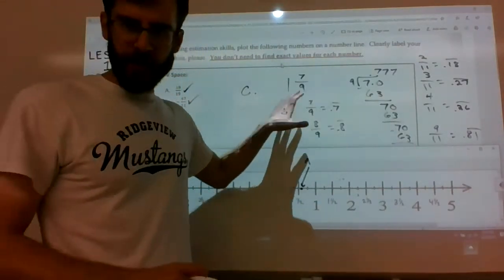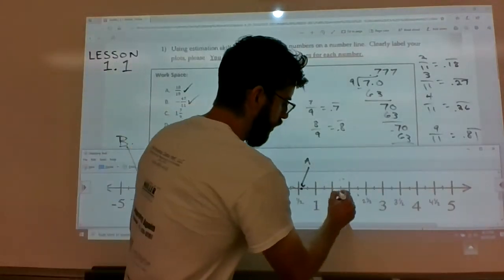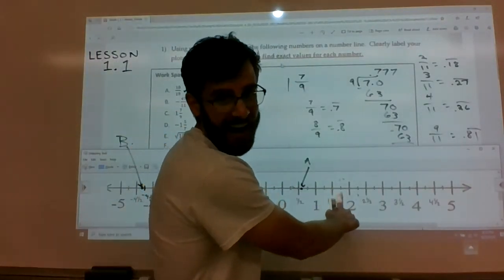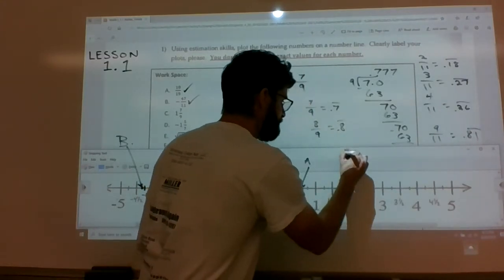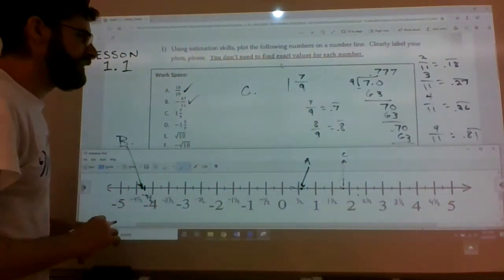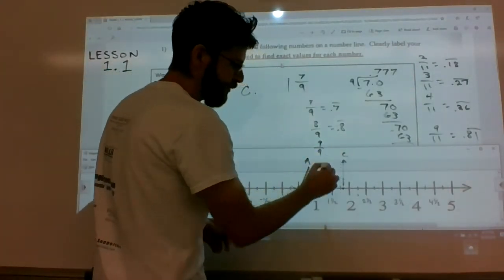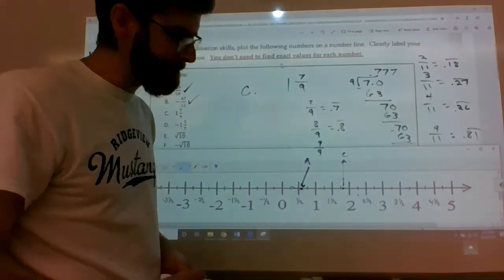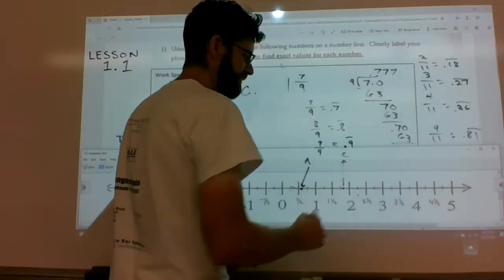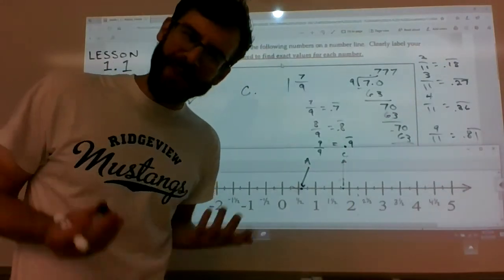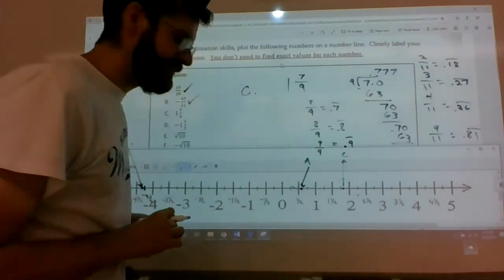So with this particular example, 0.7 repeating would be a little bit more than 1.75, so you're going to the right of 1.75. Interestingly enough, based on the pattern, what would 9/9 be? Interesting. I thought 9 over 9 was 1. Oh boy. It's rocking our world.